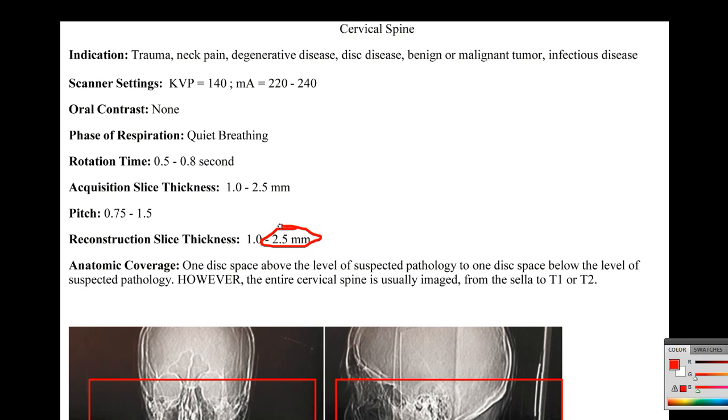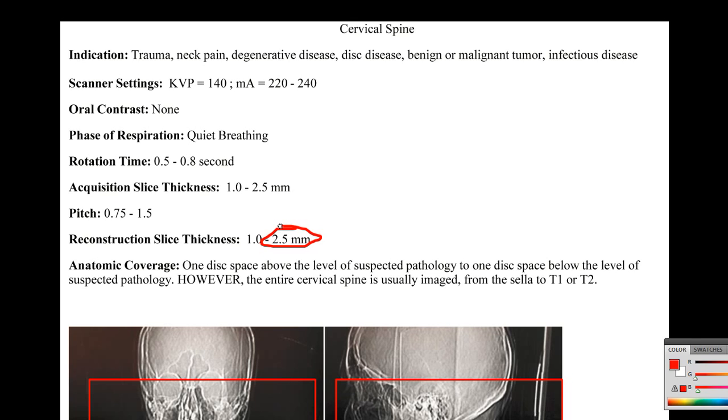We're in the business of acquiring images. And so based on that fact alone, it's very inadequate for us to actually do this suspected pathology.